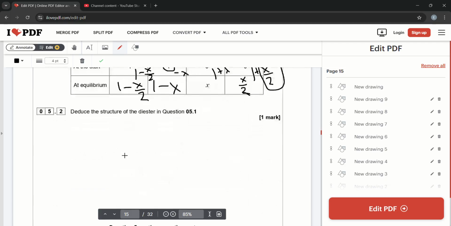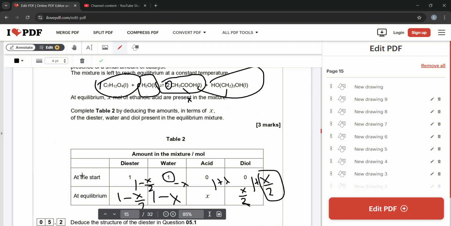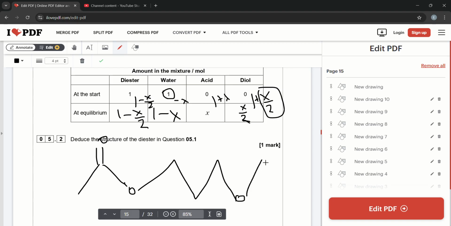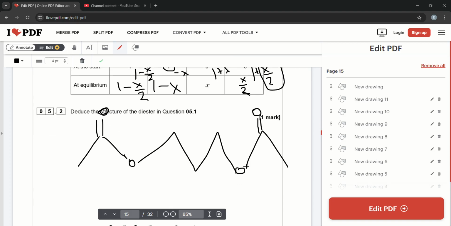So we're going to have 4 oxygens, and we're going to have 2 C double bond O. So it's going to be here, double bond O, here, oxygen, here, here, here, here, and oxygen, here, here, and another double bond O. So we've got double bond O here, oxygen, double bond O here, and oxygen there. And this would be C7H12O4.